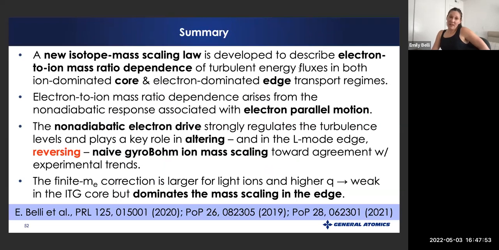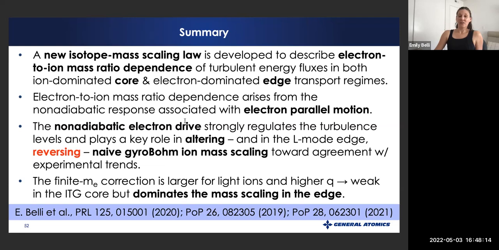So in summary, a new isotope mass scaling law has been developed to describe the electron-to-ion mass ratio dependence of the turbulent energy fluxes in both ion-dominated core and electron-dominated edge transport regimes. The electron-to-ion mass ratio dependence arises from the non-adiabatic response associated with the fast electron parallel motion.